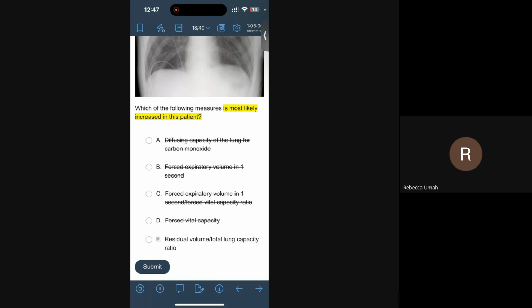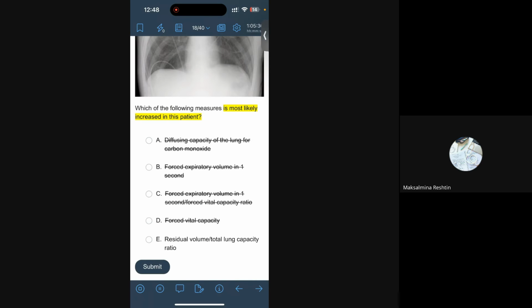Remember, one day ago we did a question with a graph, in which we talked about how both residual volume and lung capacity are increased, but the change in residual volume is much larger as compared to the change in lung capacity.